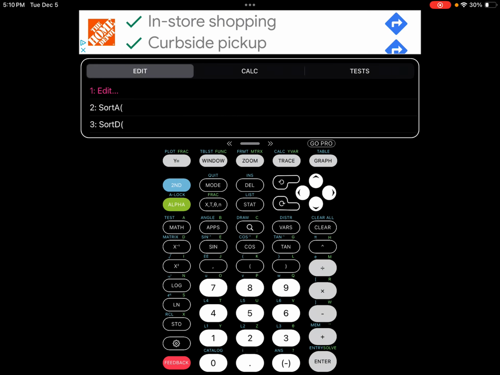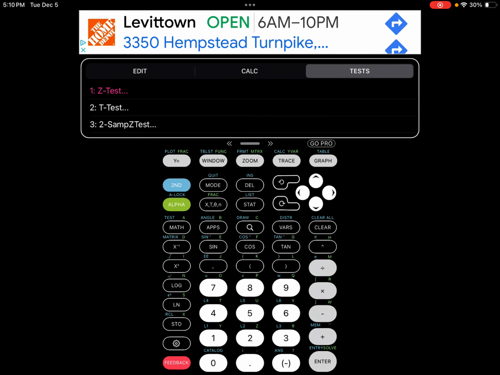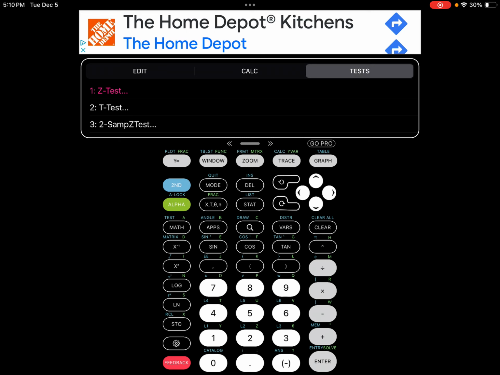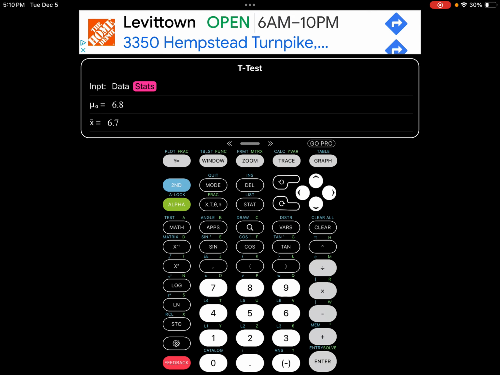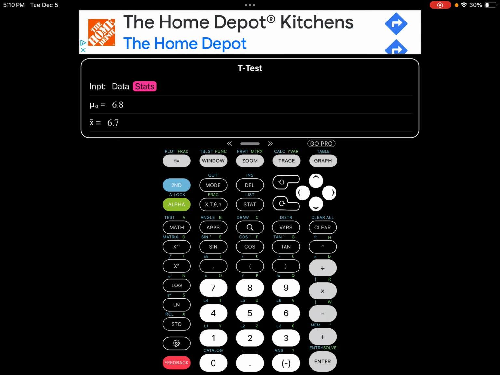Let's hit Stat, move over to Tests. Now if you chose a z-test, choose 1. If you chose a t-test, choose 2. Make sure that your input says Stats. And then you put in all the numbers that we identified. Claim number 6.8, mean is 6.7, Sx is 1.24, sample size is 19.